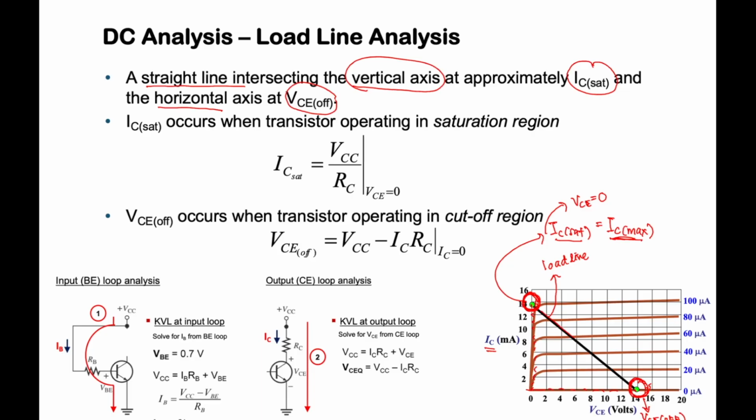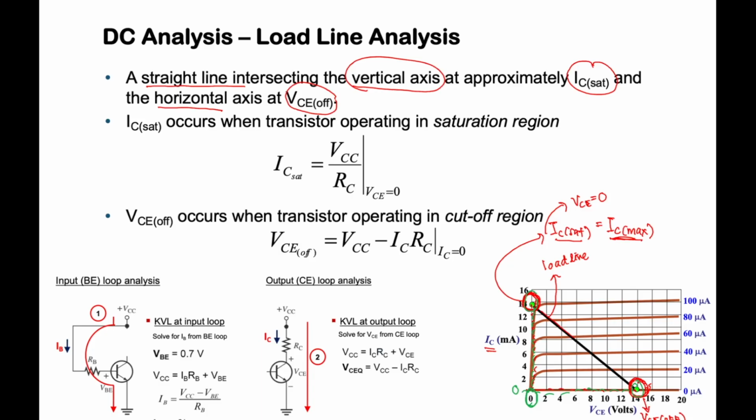So you can look at this graph. When your IC is maximum, your VCE is equal to 0. But at VCE off, our IC is equal to 0.